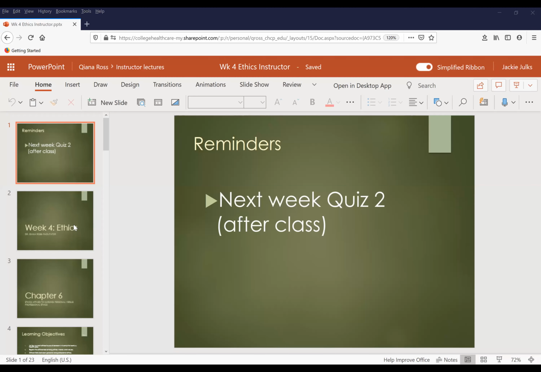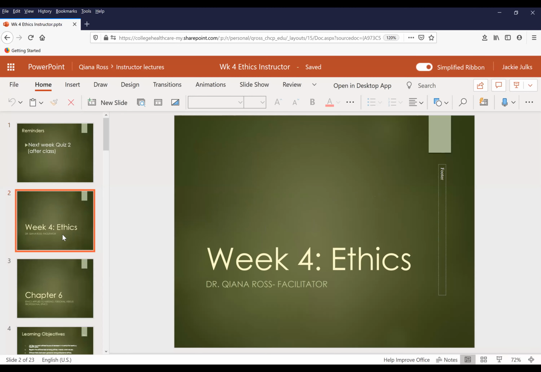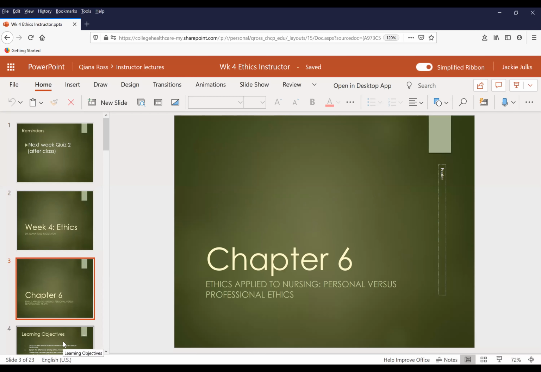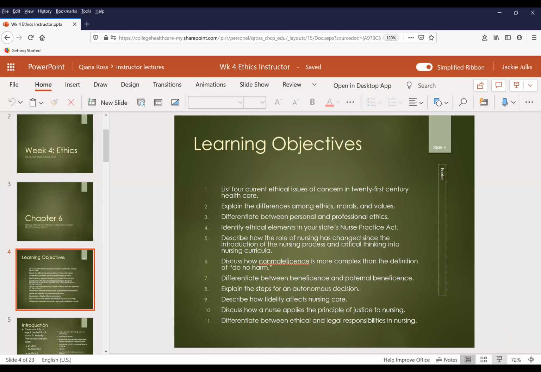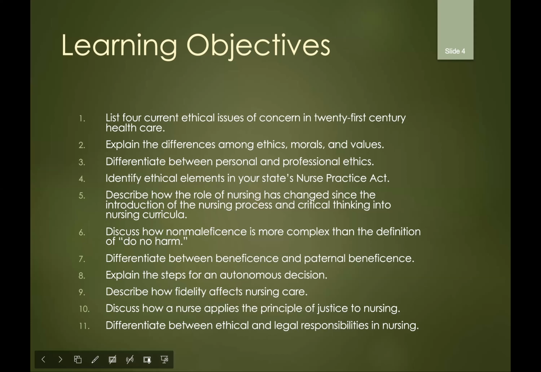Okay, we're on ethics, chapter 6, learning objectives. Let me make it larger for you guys. It says your learning objectives are to list four current ethical issues of concern in 21st century healthcare, explain the differences among ethics, morals, and values.